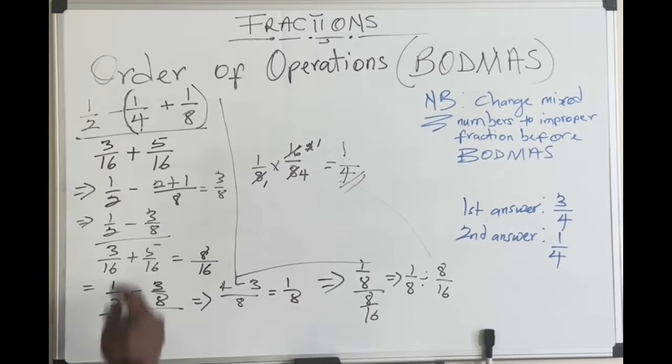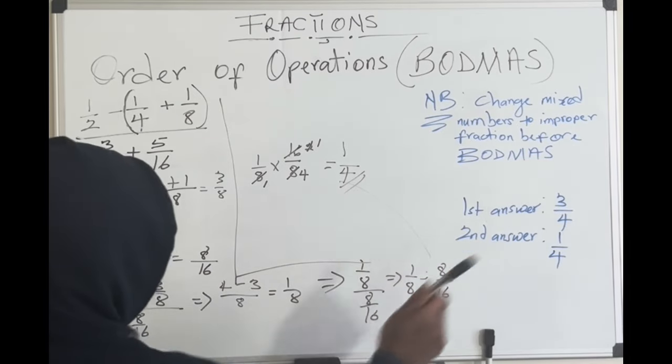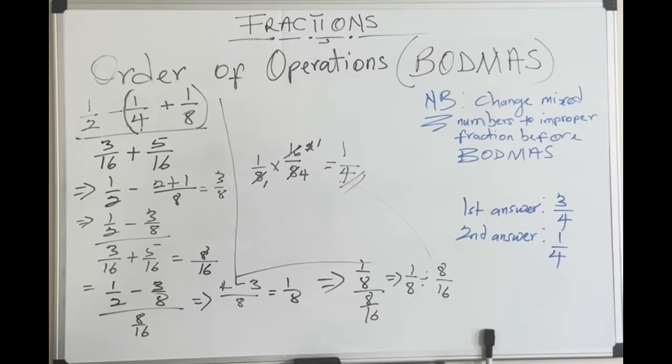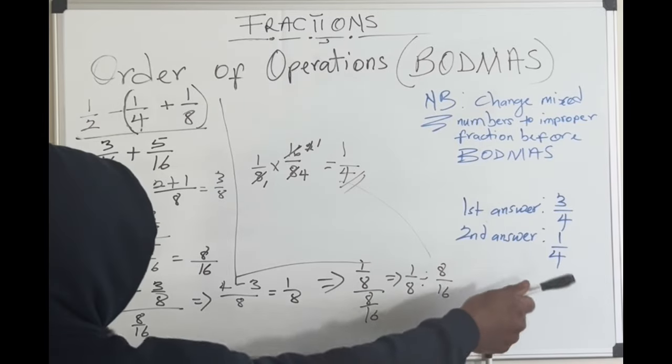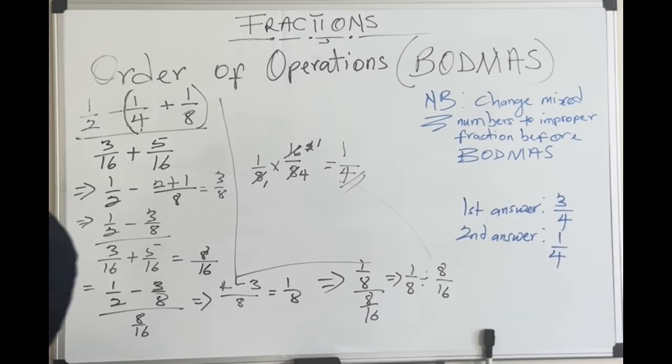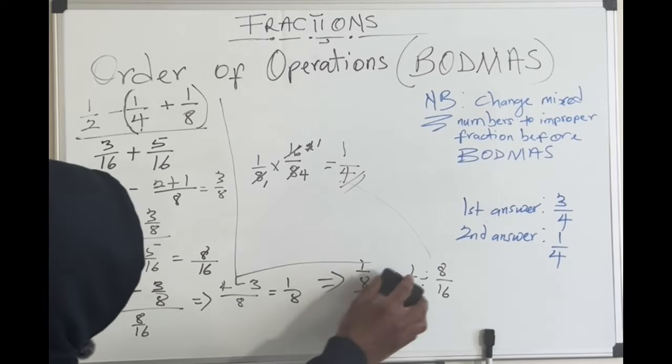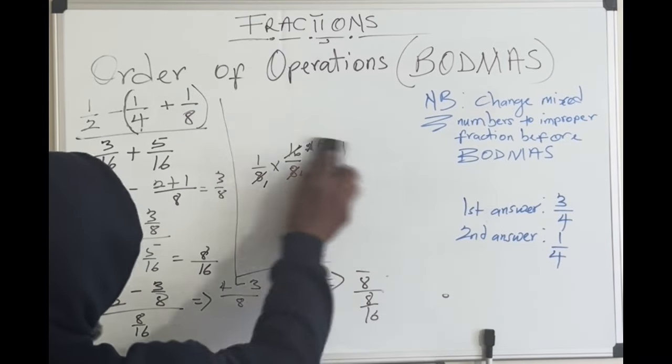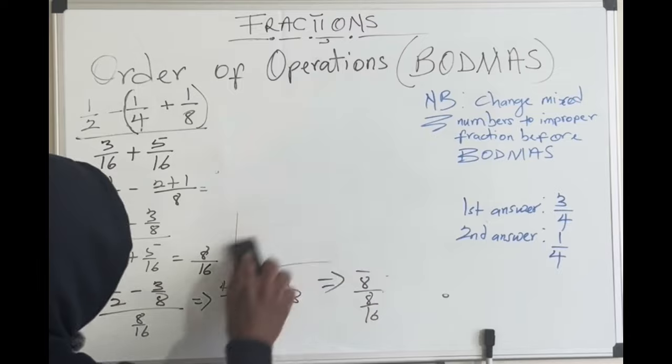And then if a question like this is given to you, and then the options, we have option A to be 3/4, option B to be 1/4, and then, okay, let me write it here so that it becomes easy for us.